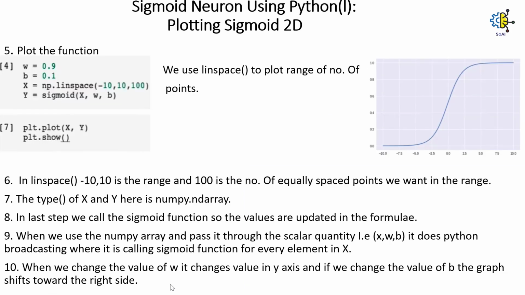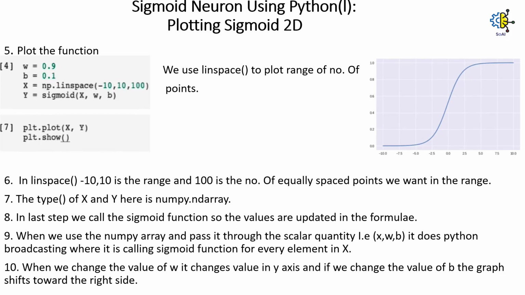Now, another step is to plot the function. We use the linspace function to plot a range of points. In the fourth cell, w is equal to 0.9, b is equal to 0.1, x is equal to np.linspace. If you remember, we had imported numpy as np.